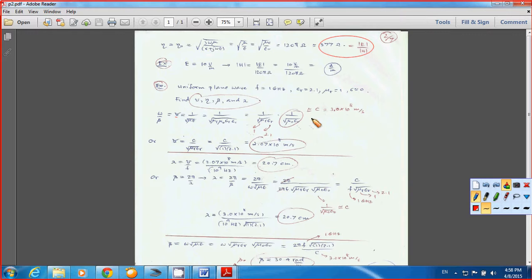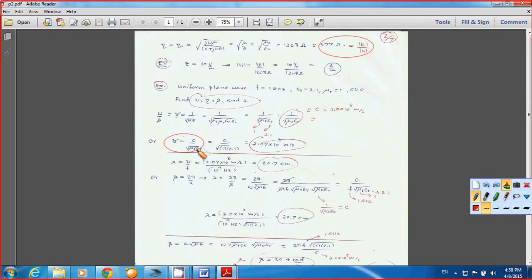Or sometimes you can write it in the term I do have here, v equal to c over square root of mu r epsilon r, or relative permeability and relative permittivity.